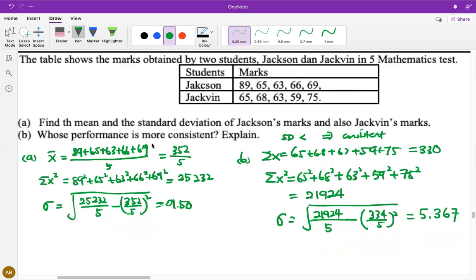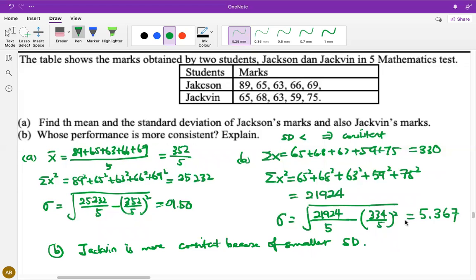who has more consistent performance. So it's Jack Fin. Jack Fin is more consistent, okay, because of smaller standard deviation.